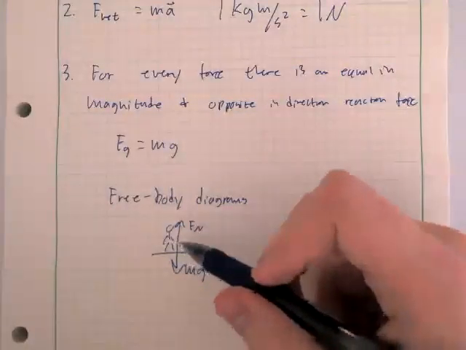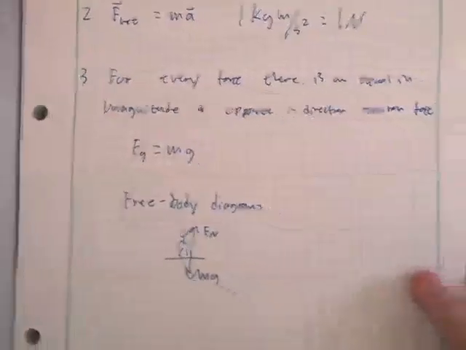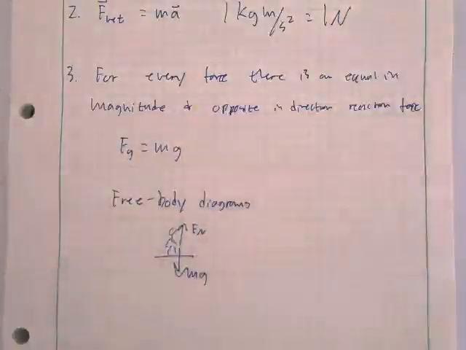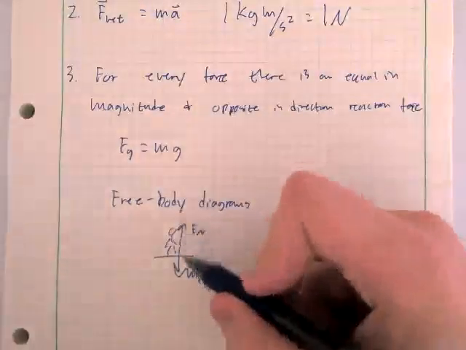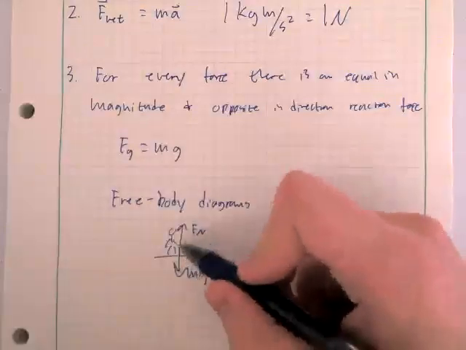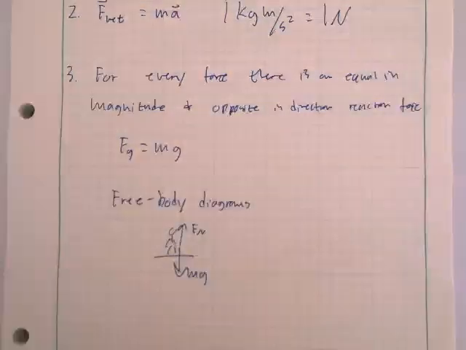So I have this notebook here sitting on this table, and it's not falling through the table, and it's doing that because the table is applying a normal force up on this thing. So anytime you have two surfaces in contact with one another, you will have this normal force acting perpendicular to the surfaces themselves. So it's just a very simple example of a free body diagram.